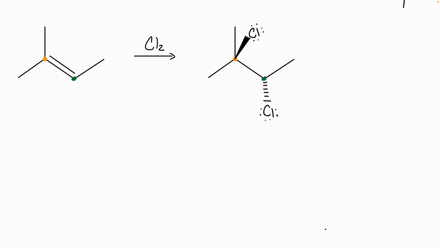But there's something very wrong with the way that I drew this compound, or rather about this carbon right here, my orange carbon, which is that this no longer is representing that tetrahedral structure. Remember, why we do our dashes and wedges is to represent this tetrahedral geometry of those carbons.